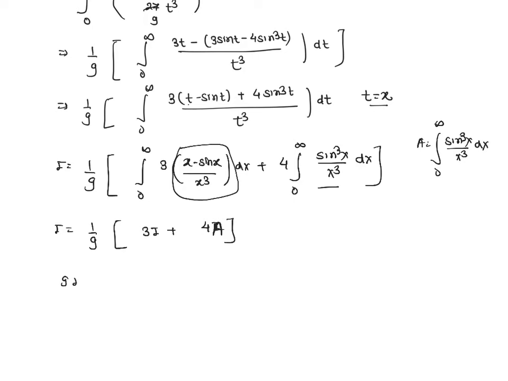So 9I equals 3I plus 4A, so 6I equals 4A. So I equals 2 by 3 A. So a equals 2, b equals 3, and a plus b equals 2 plus 3, that is 5. This is your answer.